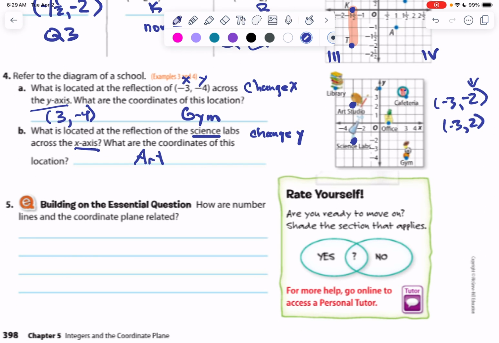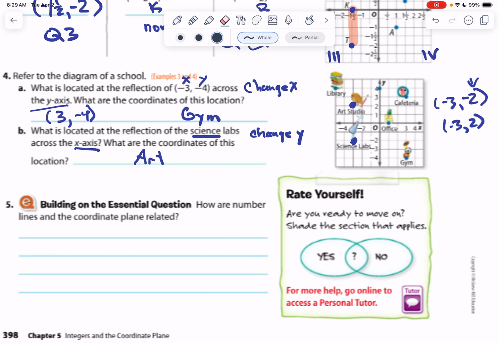How are number lines and coordinate planes related? Well, the axes are like the number lines, right? So we could say, do you guys know what an intersection is? Like where two streets meet and there are stop signs or a signal.